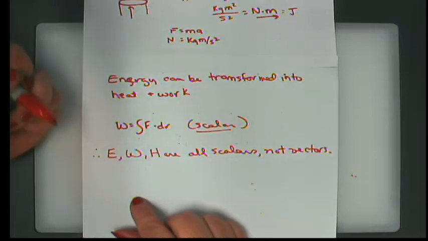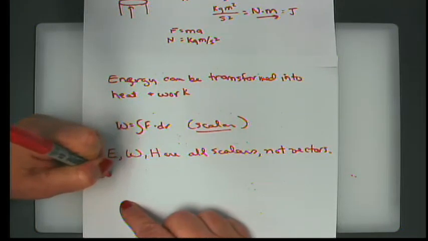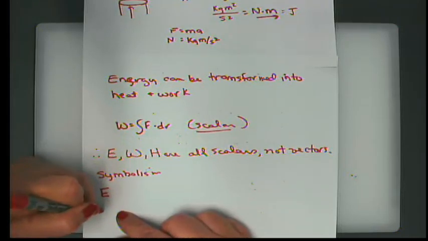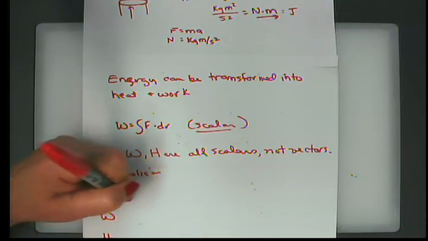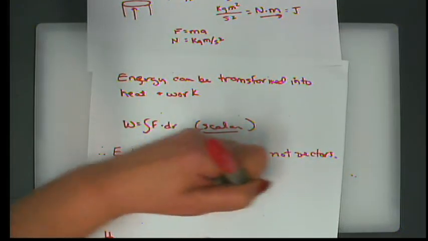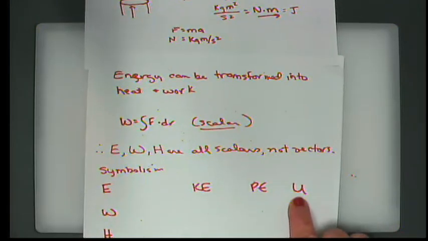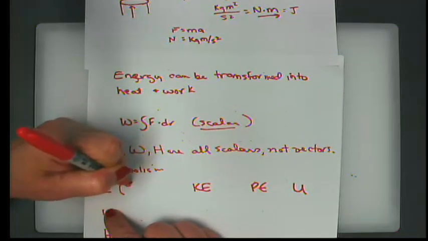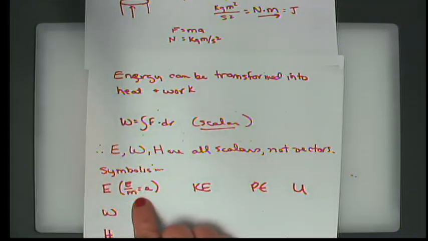So in general, and this is quite a common symbolism, energy, work, heat, and let's include some forms such as kinetic energy, potential energy, and one that we're going to learn about in just a few minutes here, internal energy, are all designated with capital symbols. If you take that extensive energy and divide it by mass, you designate the same quantity with a little letter.